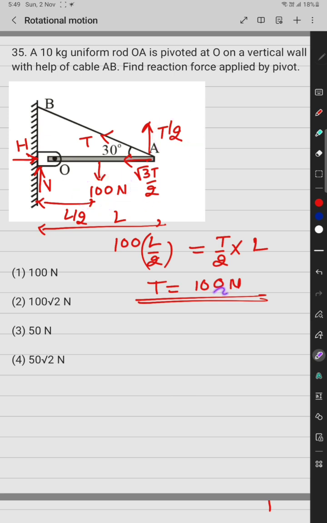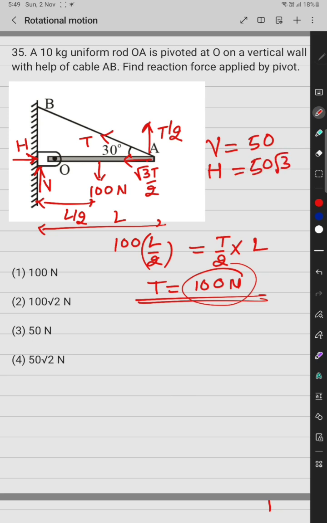T by 2 is 50, so 100 minus 50 is 50. So the vertical component is 50 Newton on the pivot, and the horizontal component is root 3 T by 2, which means 50 root 3.